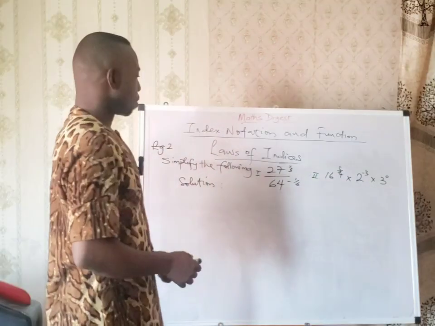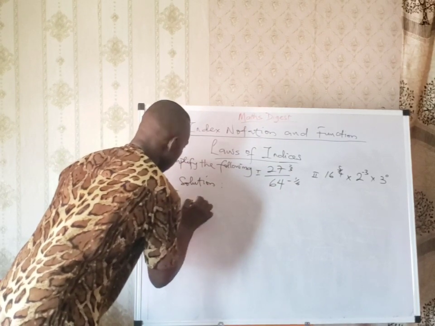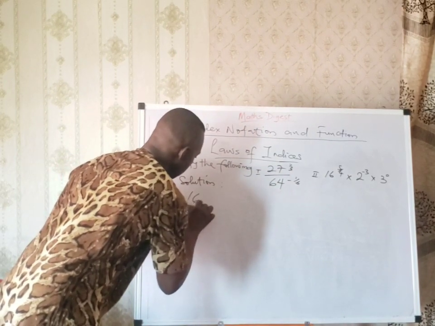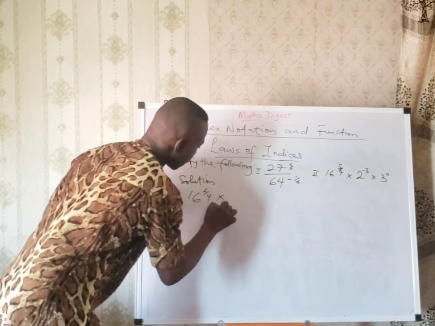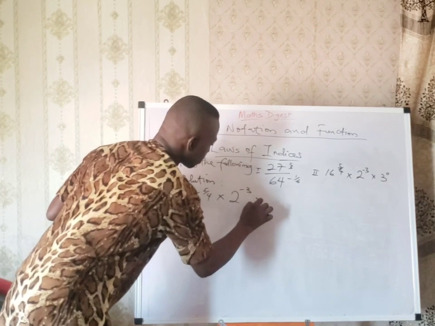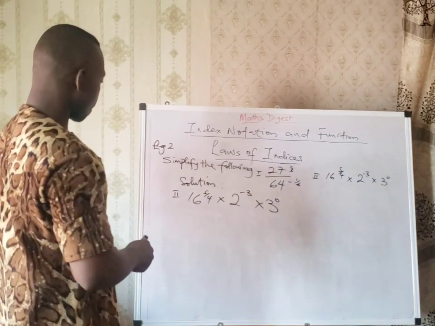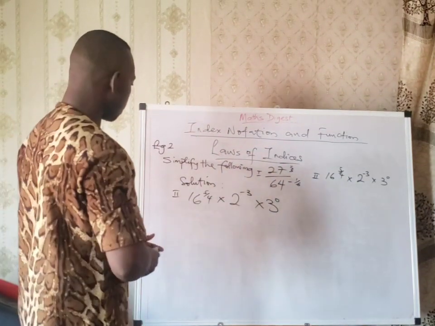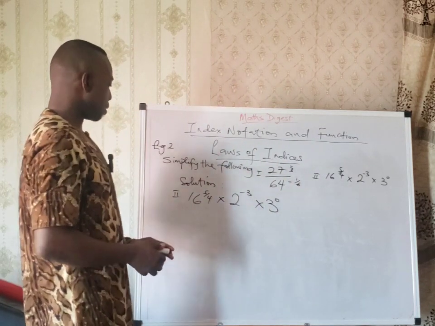Okay, all right, quickly, the second one says 16 raised to power 5 over 4 times 2 raised to power minus 3 times 3 raised to power 0. Now if you remember, these are expressing different laws of indices.